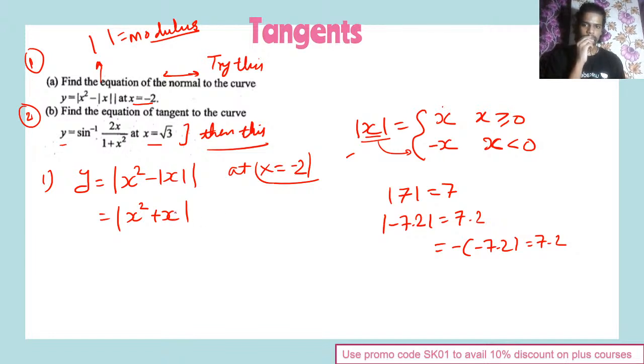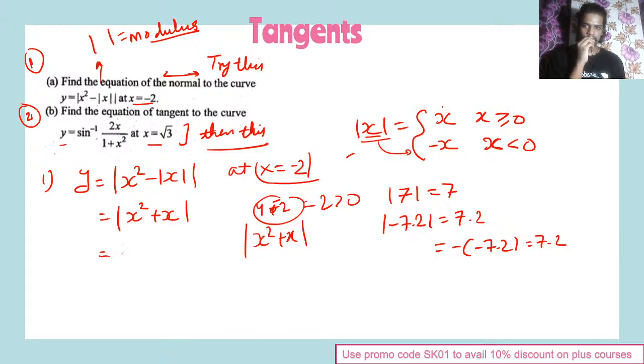Fine. Now we also have to understand the nature of the outside mod. The outside mod is x square plus x, mod. Now you have to understand that x square, when you put x equal to minus 2, will be plus 4, and the x term will become minus 2. So 4 minus 2 is 2, which is positive, which means this modulus is positive.